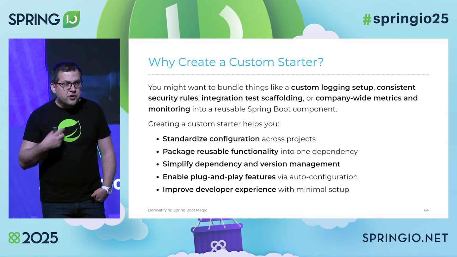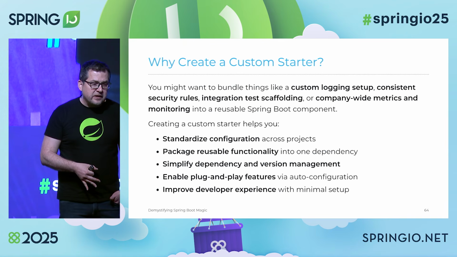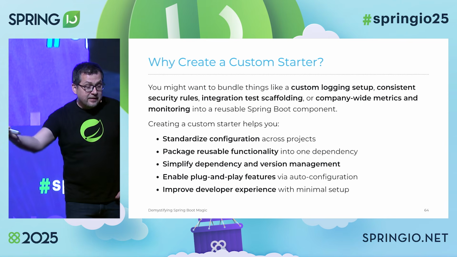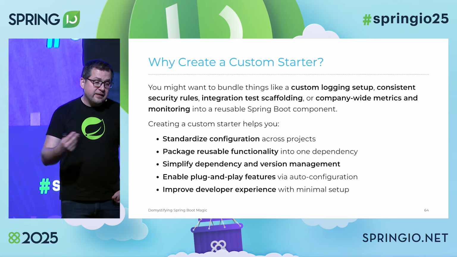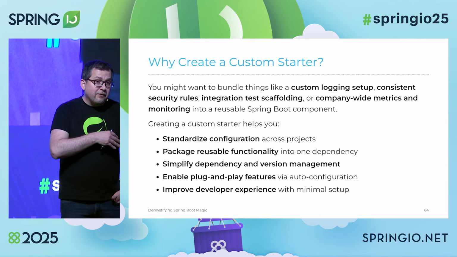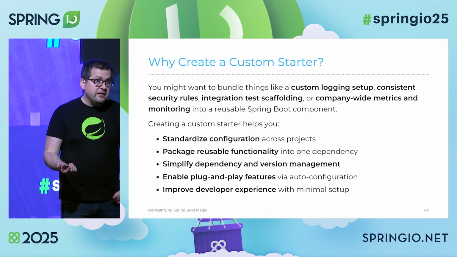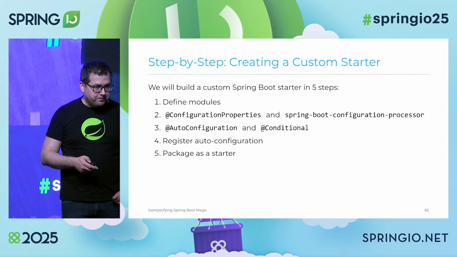If you think of version management, that makes it easier to make sure that in the next build, or if you upgrade the parent, the new versions get pulled in, like you would do with a library. You can have plugin features. You can use auto-configuration to check for certain conditions. And in the end, it makes life so much easier for the developers, because they do not need to think of how to do the configuration the right way.